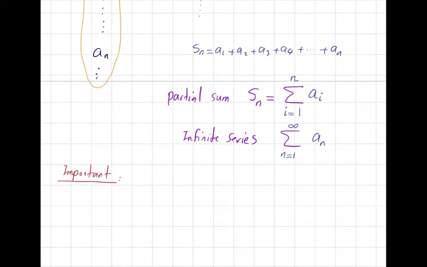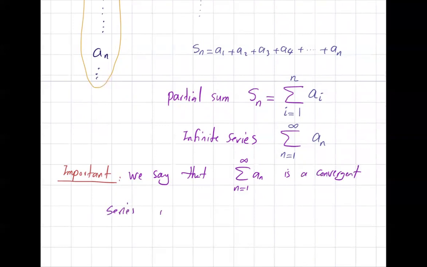We say that the sigma of a sub n, starting from 1 to infinity, is a convergent series if the limit of S sub n as n goes to infinity exists.